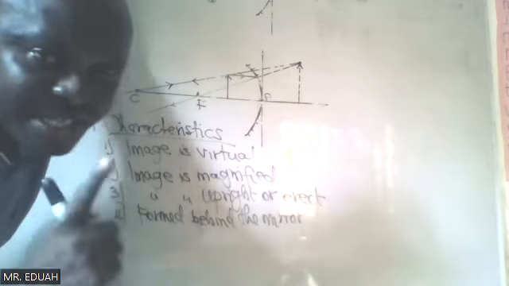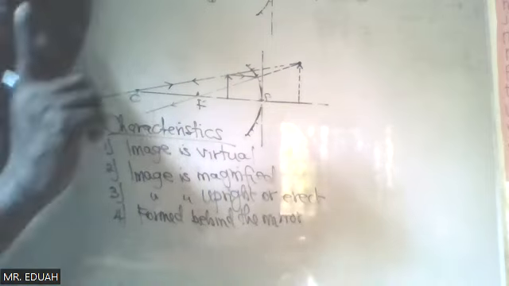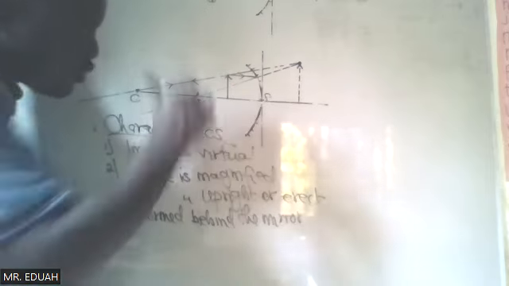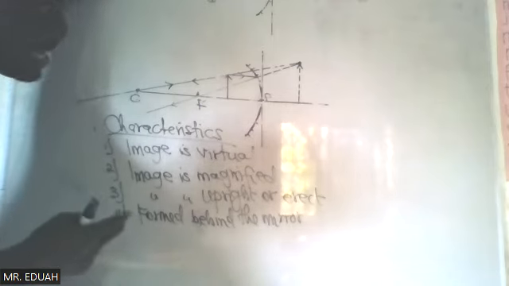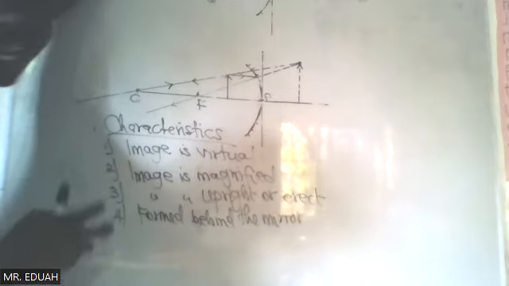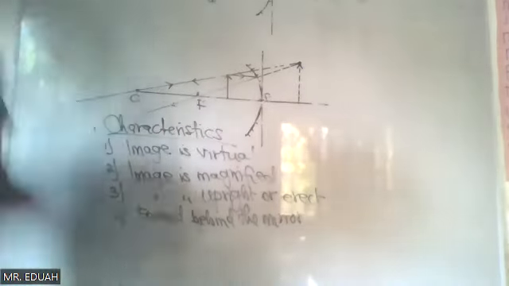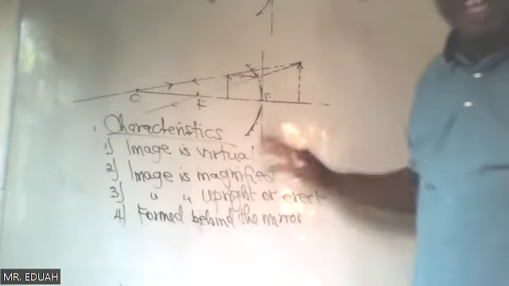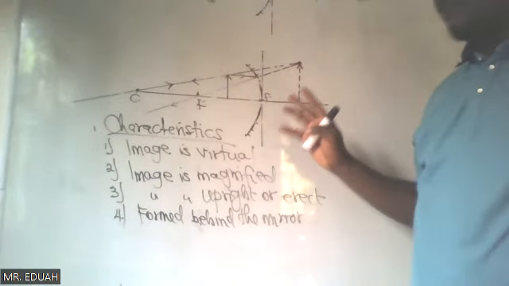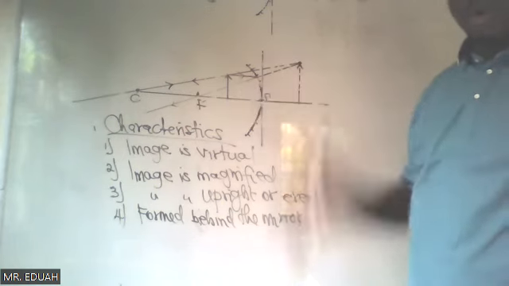So it will be virtual, erect, magnified, and formed behind the mirror. So we've gone through all the possible positions of the object in front of a concave mirror.